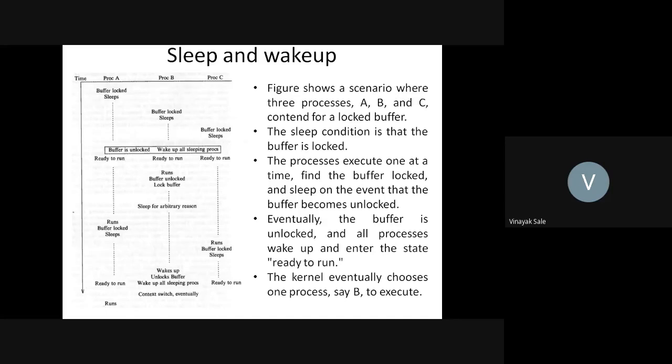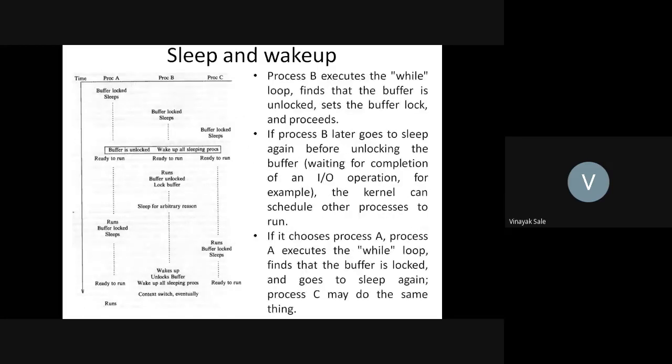Eventually, the buffer is unlocked, all processes wake up and enter the state ready to run. The kernel eventually selects one process, say B, to execute. Process B executes the while loop, finds the buffer is unlocked, sets the buffer lock and proceeds.